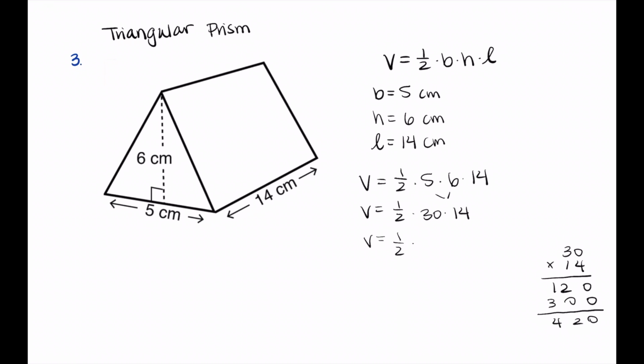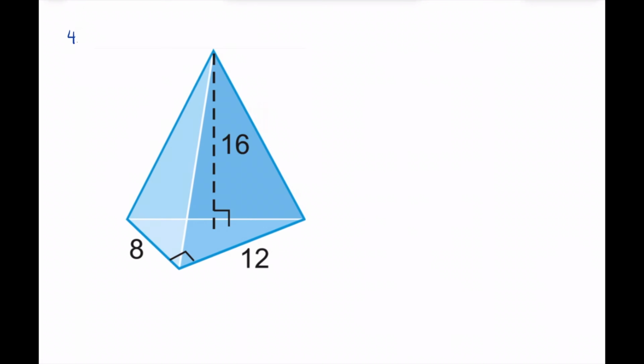So we would just do V equals 1/2 times 420, and multiplying by 1/2 is the same as dividing by 2, and we know that 420 divided by 2 is just 210, so our answer for number 3 would be 210 centimeters cubed. And now we will move on to our fourth and final practice problem for today's lesson.